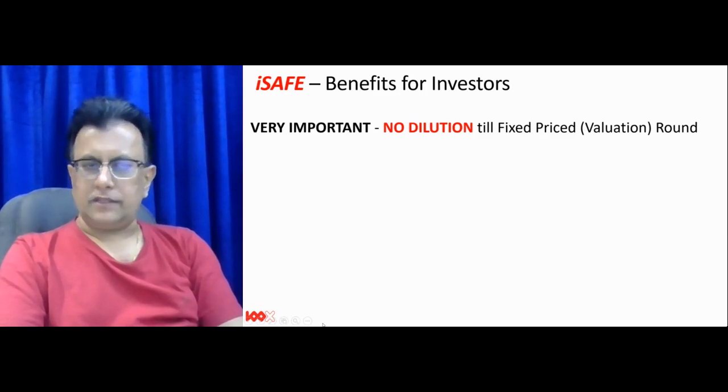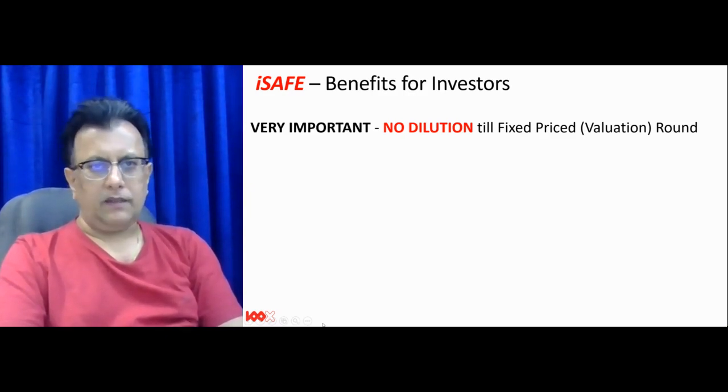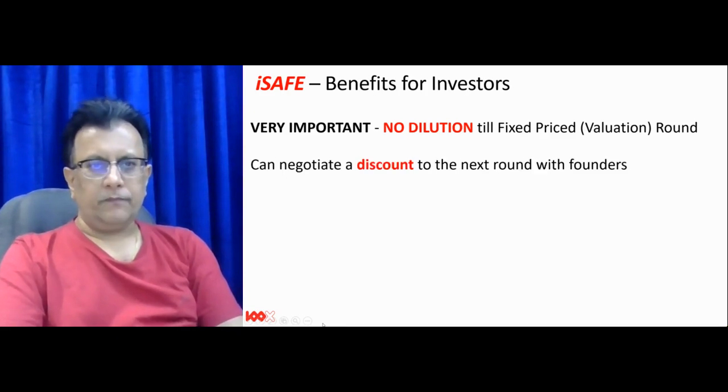An iSAFE with a valuation cap freezes the valuation and the stake of the investor till the next pricing round. When any VC or institutional investor comes in bringing a priced valuation to the company, the iSAFE investor gets his stake post-money and not pre-money, which means there's a huge benefit in this for the investor as well.